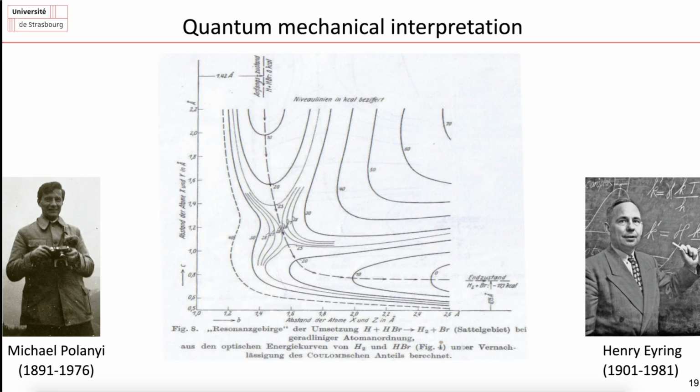And this is kind of the first diagram of potential surfaces versus reaction coordinates. So here you can see the distance between atoms X and Z, the distance between atoms X and Y, and some form of a reaction coordinate describing the reaction of hydrogen forming hydrogen and bromine.